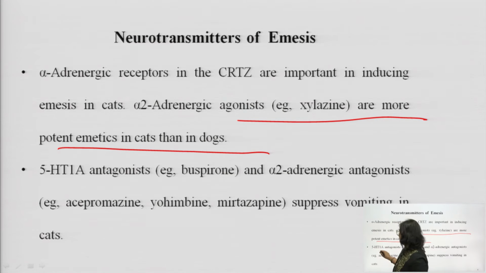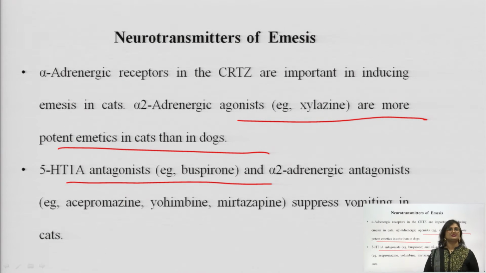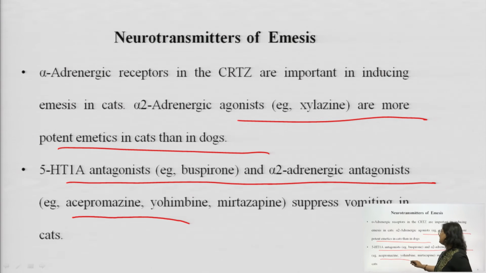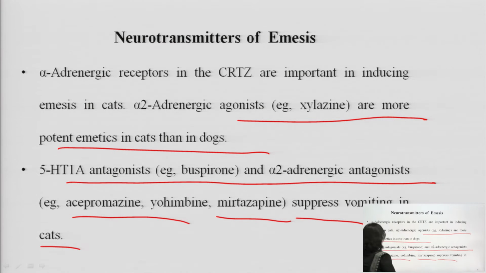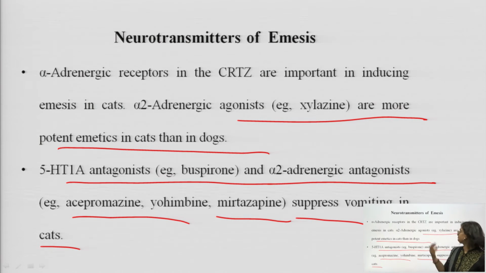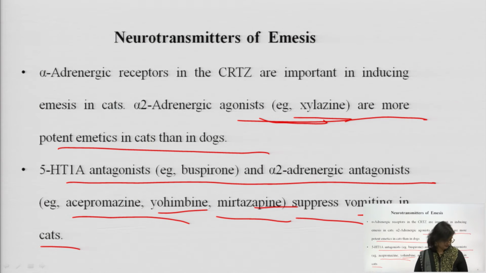Followed by the 5-HT1A antagonist, for example buspirone, and alpha-2 adrenergic antagonists, for example acepromazine, yohimbine and mirtazapine. They suppress vomiting in cats, so these are the anti-emetic agents. Xylazine is a potent emetic in cats, whereas these agents suppress vomiting.